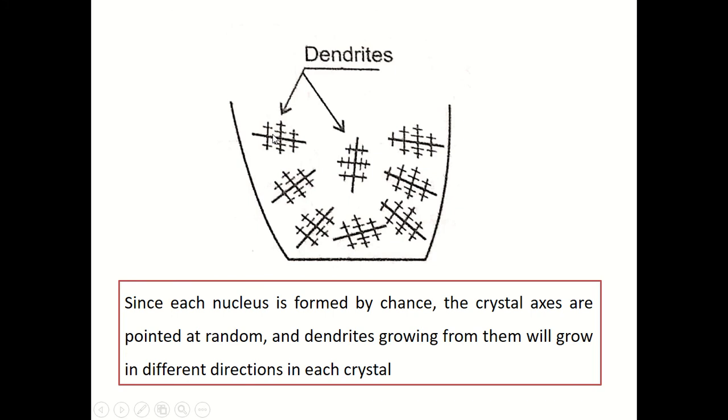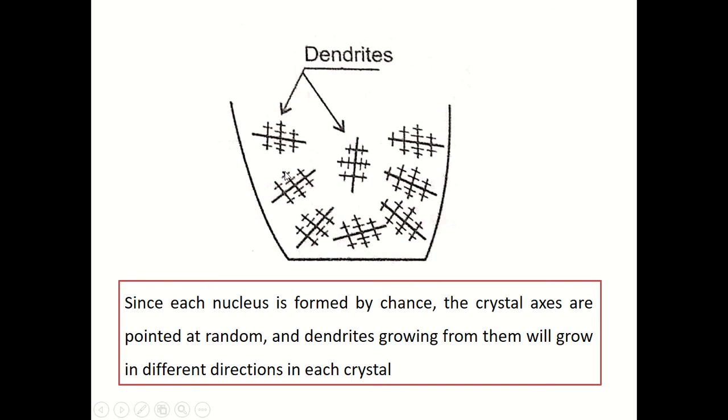The dendritic arms continue to grow and thicken as more atoms are deposited, until ultimately the space between them becomes filled with solid.